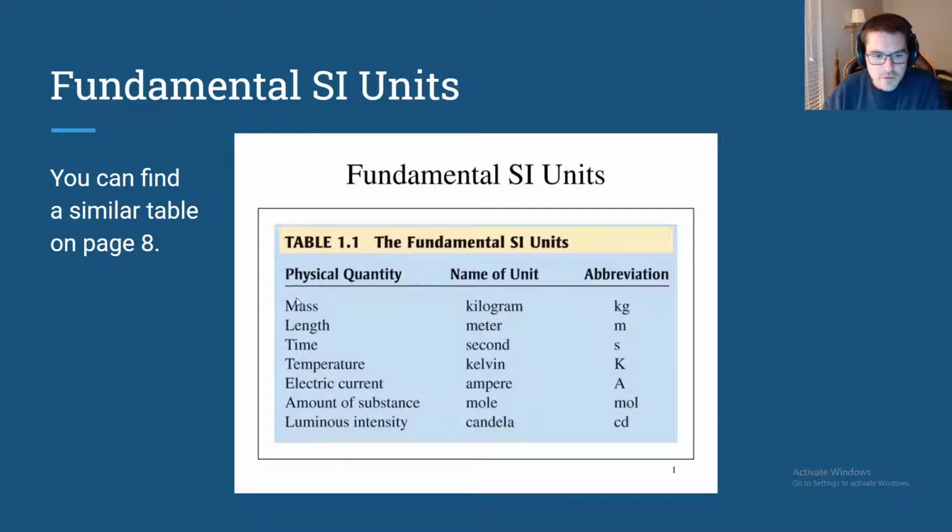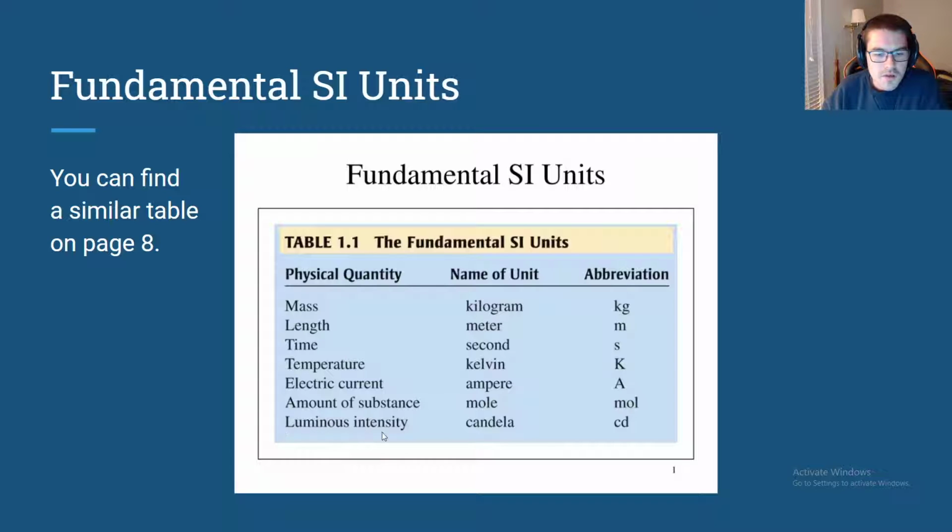So we've got these different quantities, these different things that you might want to measure. For example, you might want to measure the mass of something, how much it weighs. You might want to measure the length of something, time, temperature, electric current, amount of substance. There's our mole. We're going to be talking about that today.